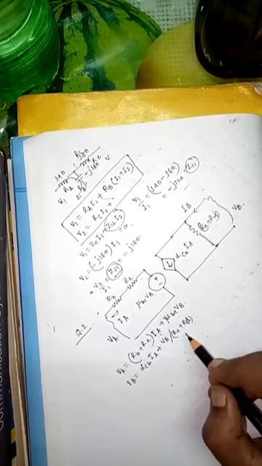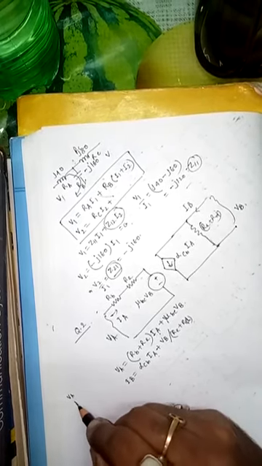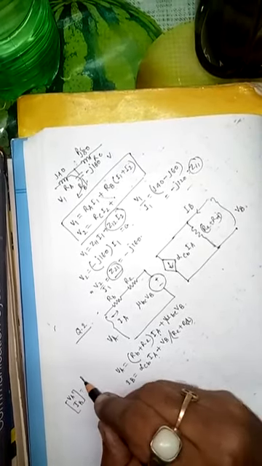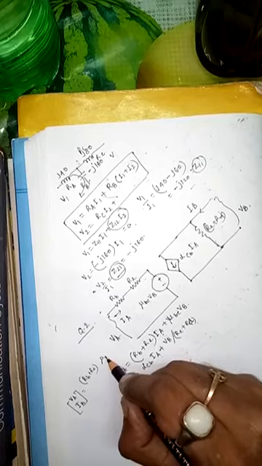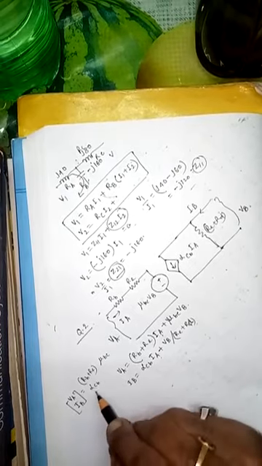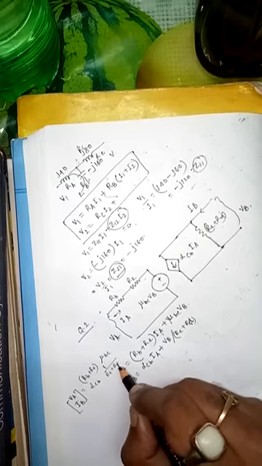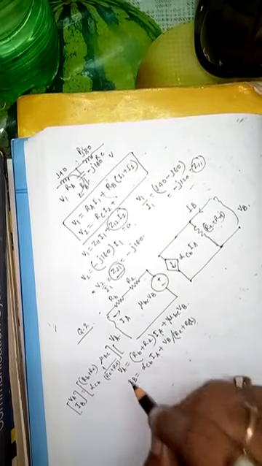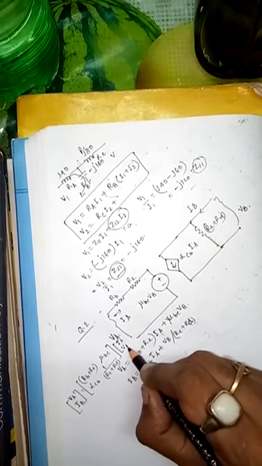So I can have one equation like VA and IB, with RB plus RE here, mu BC here, alpha CB here, and 1 by RE plus RD here, multiplied with the column matrix IA and VB.